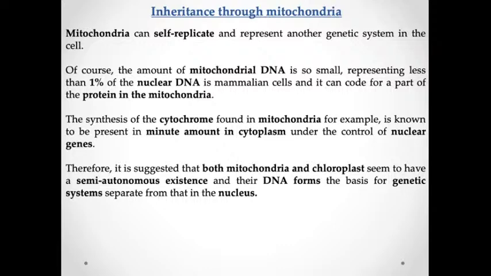The synthesis of cytochrome found in mitochondria, for example, is known to be present in minute amounts in the cytoplasm under the control of nuclear genes. Therefore, it is suggested that both mitochondria and chloroplasts seem to have semi-autonomous existence, and their DNA forms the basis of genetic systems separate from that in the nucleus.